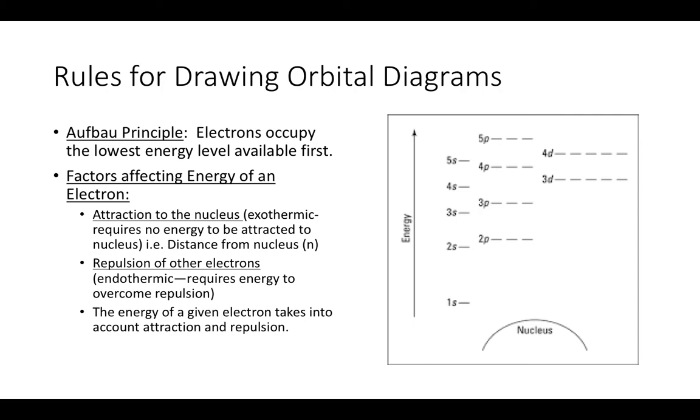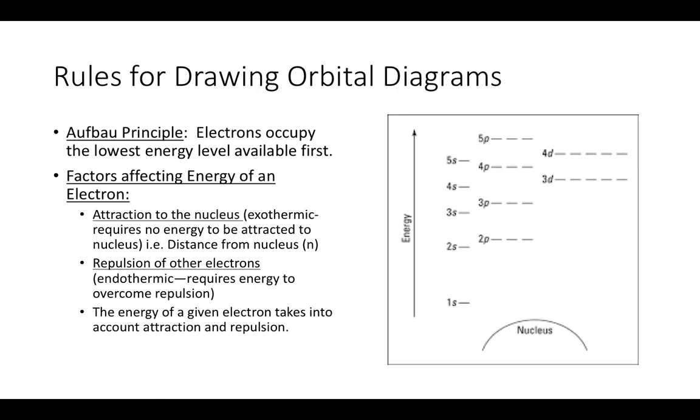When we're talking about the energy of a given electron, we're taking into account both the attraction to the nucleus and the energy required to overcome any repulsion of other electrons in their same region. And so because of that, if we look at this energy diagram, you can see the nucleus there at the bottom, and then the energy is raising as we go up.